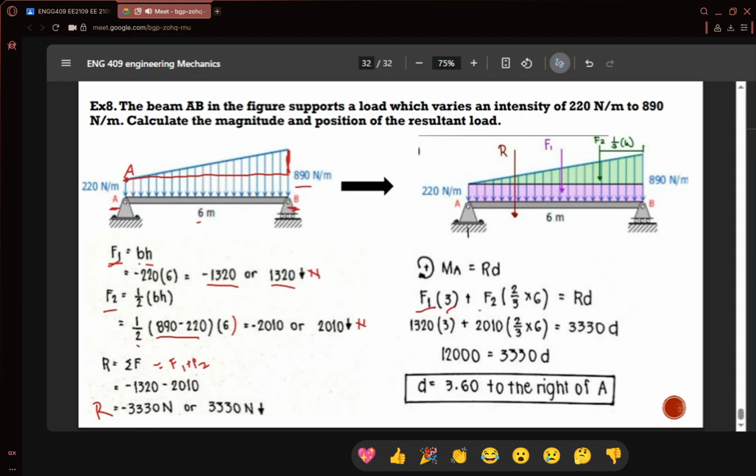So we will reference the centroid from there, which is 2/3 of the length. So 2/3 of 6 times, of course, the magnitude of its force here, 2010.